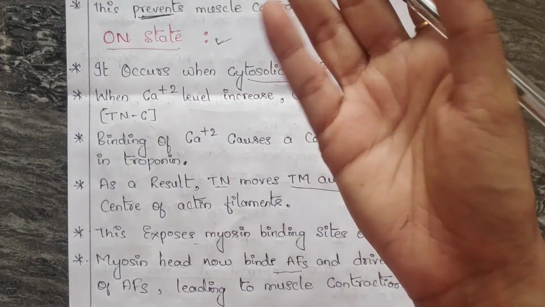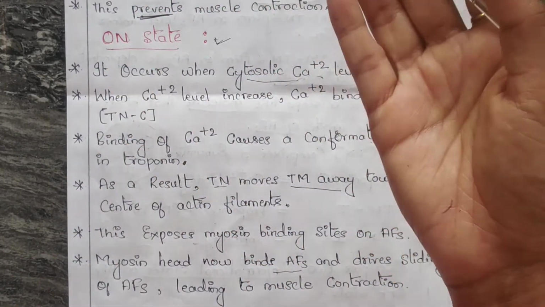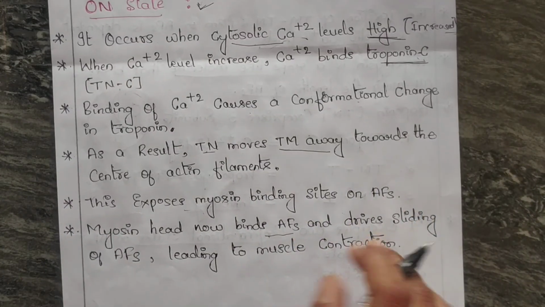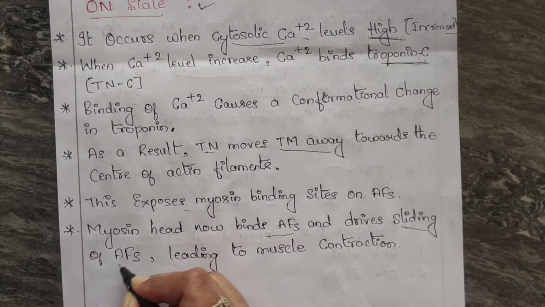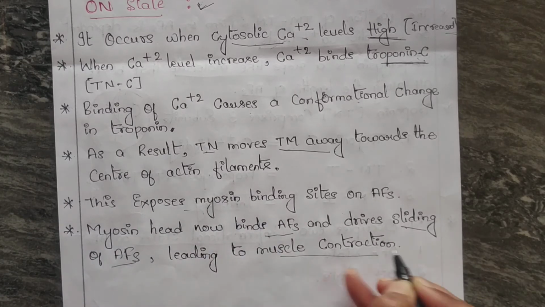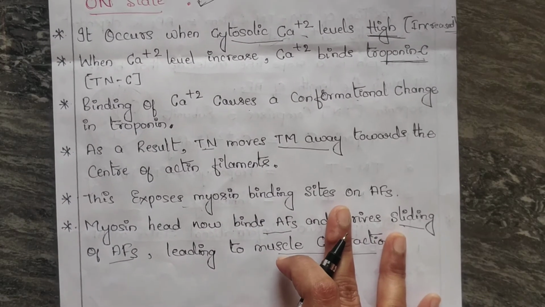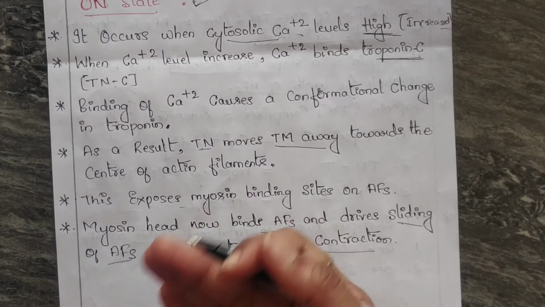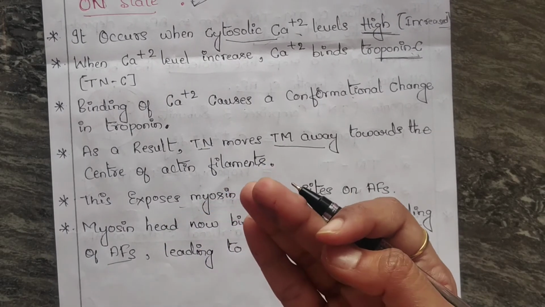That I explained in the swinging cross bridge model, the molecular basis of the swinging cross bridge model. That interaction is going to occur, and that will cause the sliding of actin filaments, leading to muscle contraction. This is all about the molecular and also chemical basis of muscle contraction.